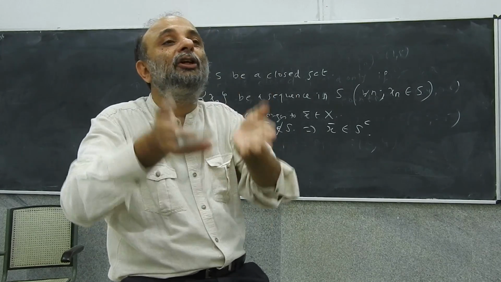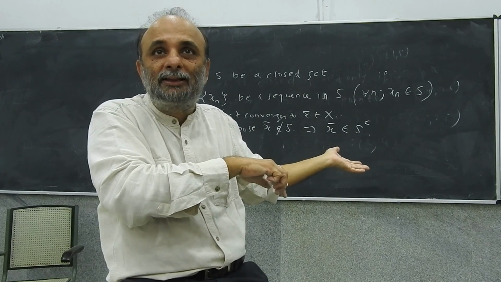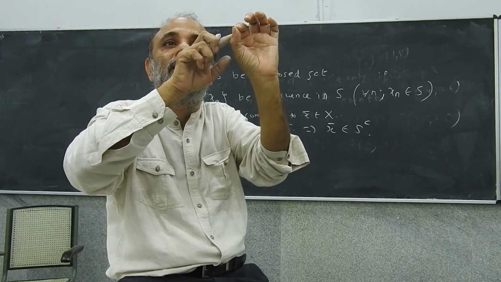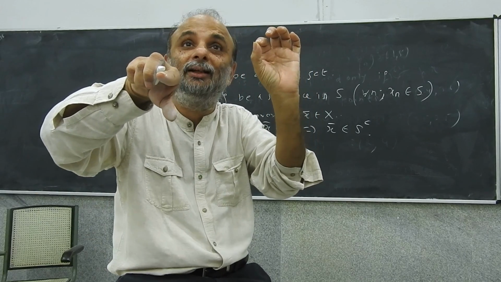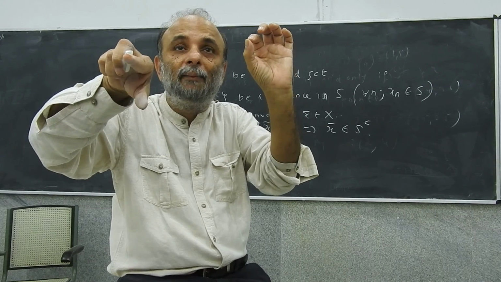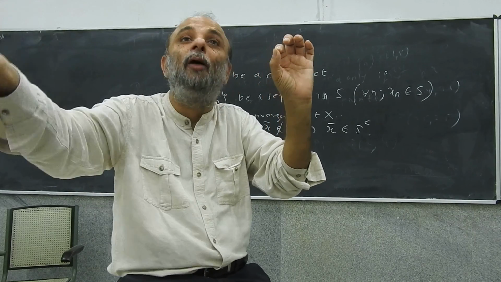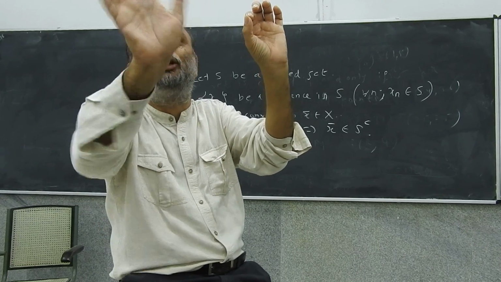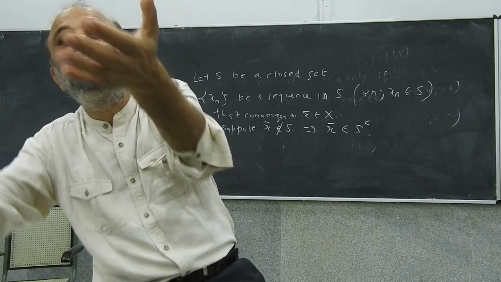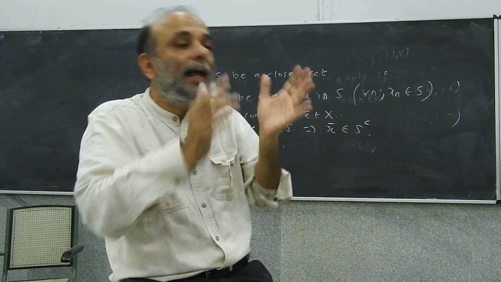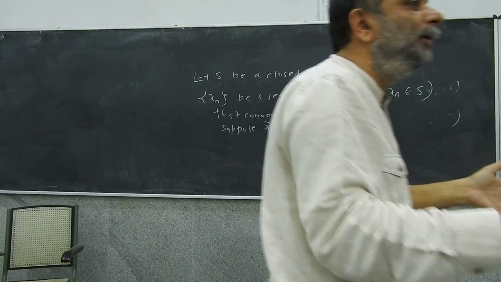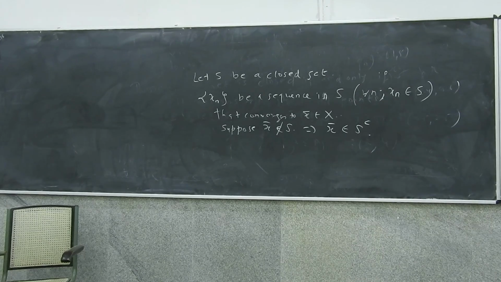But the definition of X bar as a limit point of S means that there will always necessarily exist a neighborhood around X bar which will contain at least some point of S. Right? But if now X bar belongs to S complement, then there exists at least one open neighborhood around X bar which contains no point of S. Therefore, X bar cannot be a limit point and belong to S complement at the same time. If it's a limit point, then it will have to belong to S.